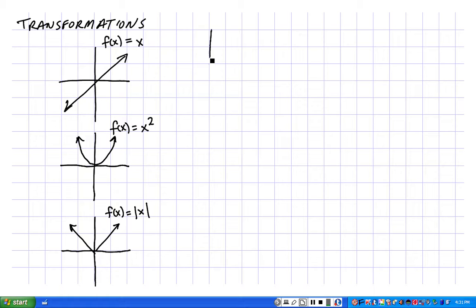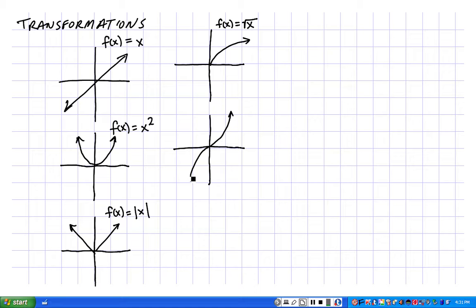Still another parent function is f of x equals square root of x, and I'll give one more. This is f of x equals x cubed, x to the third.